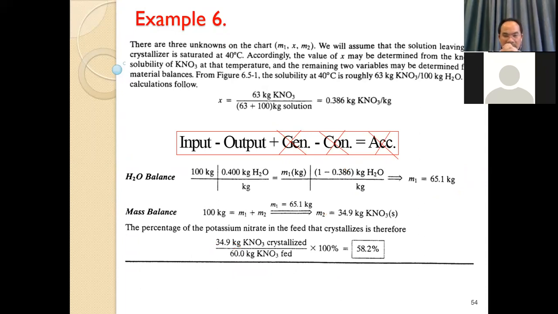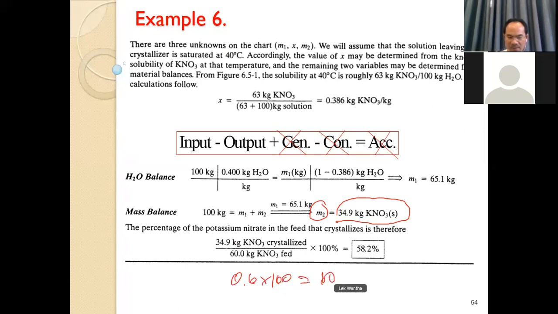And also the percent of crystal obtained from the feed. For this case, we got M2. M2 is pure crystal, only potassium nitrate, 34.9 kilograms. But how much potassium nitrate is in the feed? In the feed, we have 0.6 multiplied by 100 equals 60.